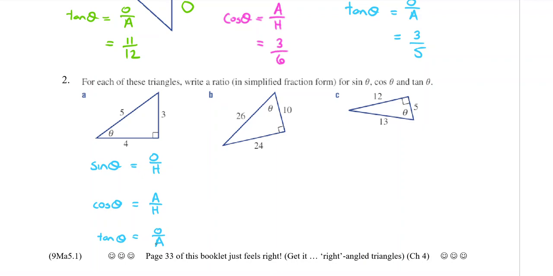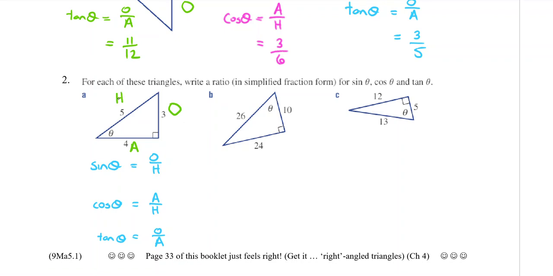It says in the question that I'm going to have three of those. I need to label my triangle. All three sides are there. So which one do you want to start with? What is the 4 called? Yes, and the 5 is the H.